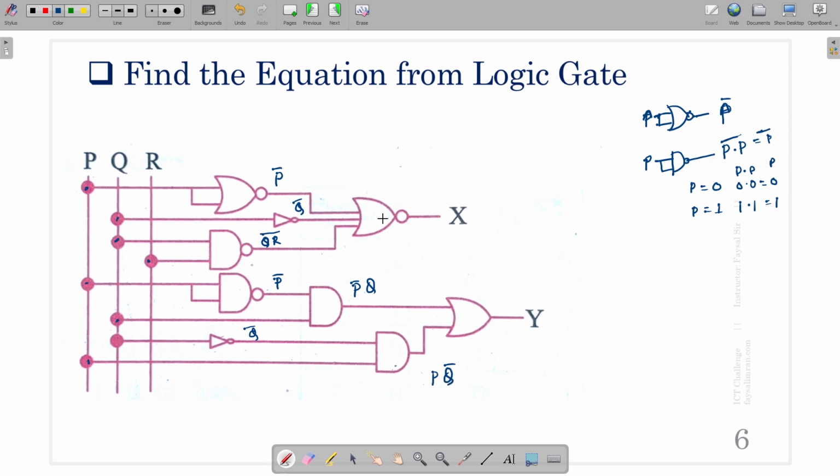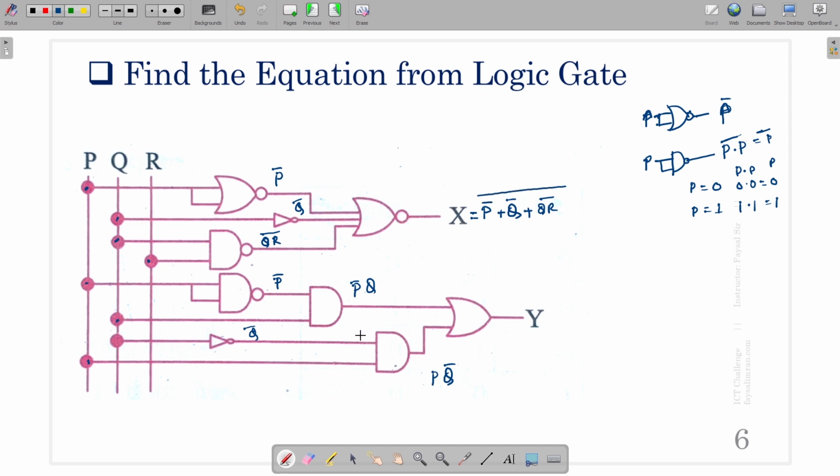Now we have to add those values because this is a NOR logic gate, and a NOR logic gate is responsible for addition. So here this is P bar, so P bar plus this is Q bar, so here is Q bar plus this input is QR whole bar, so you will get QR whole bar, and for this NOT logic gate we have another whole bar.